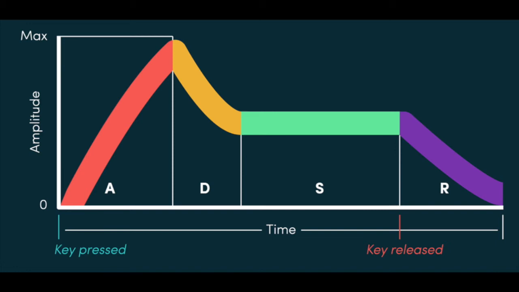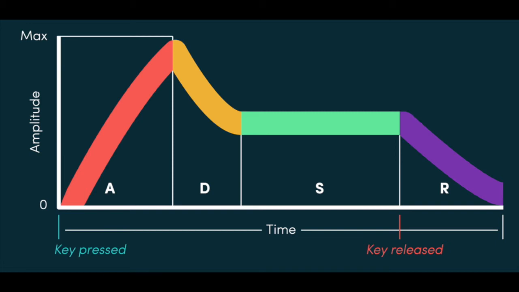The decay is how long it takes to decrease after that to go into the sustain. The sustain isn't a time measured. It's the only part of ADSR that isn't measured by time. It's measured by amplitude. So the S is when you're holding the note, how loud it should be then, and the timing of the sustain is how long your finger is on the note for.